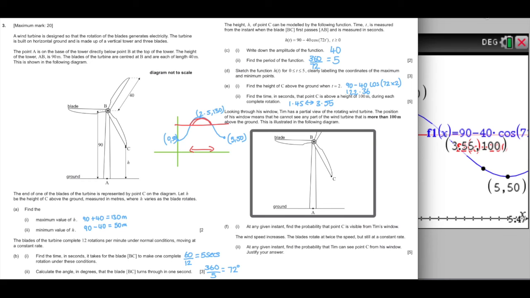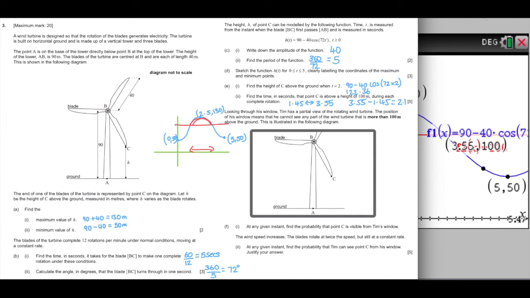So therefore, if I do 3.55 subtracted by 1.45, then that will tell me how long that happens, which is 2.1. So for 2.1 seconds, it's above 100 meters. And then looking through this window, we're only able to see when it's less than 100 meters. So we can't see that part where it's above 100 meters at all.